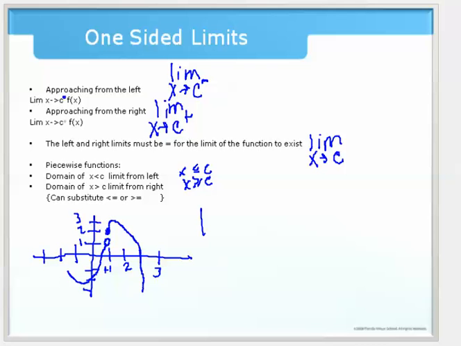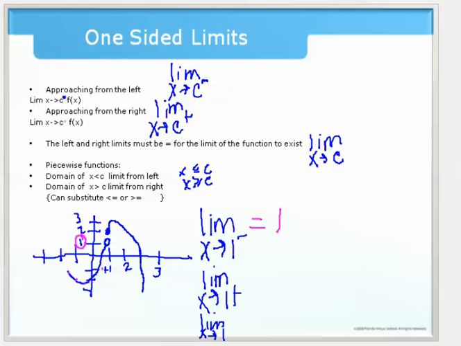Okay, let's look at the limit as x approaches 1 from the left, the limit as x approaches 1 from the right, and the limit as x approaches 1. So from the left, we're going to trace the graph and look, and I see that my y value is approaching 1. So the limit from the left is 1.